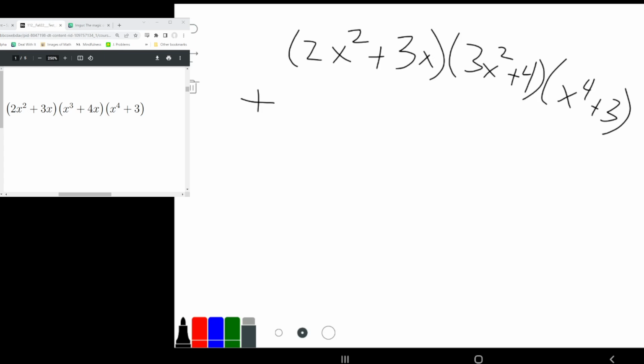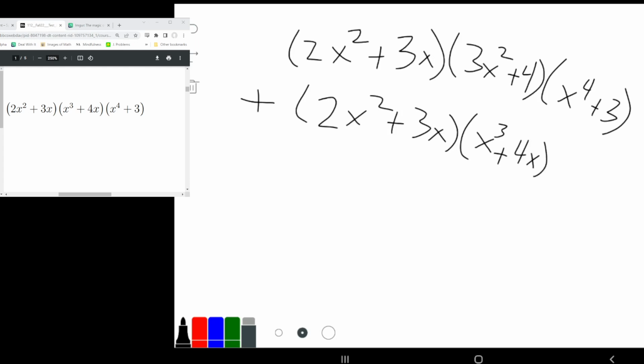So I've taken the derivative of the middle term. Now let's leave the first two alone and do the last. Again, the order is totally arbitrary. It doesn't actually matter, so long as you do it to each of the factors. 2x squared plus 3x times x cubed plus 4x.